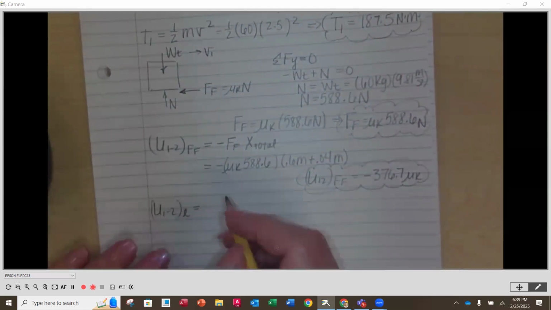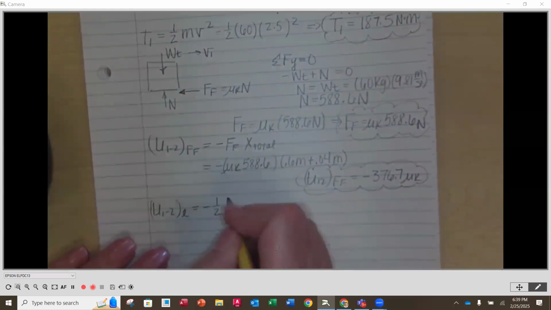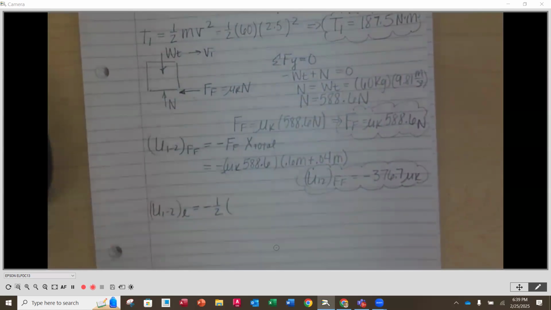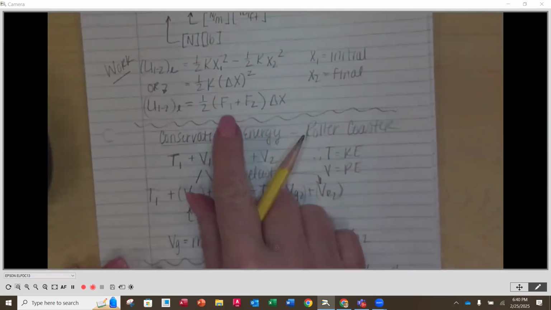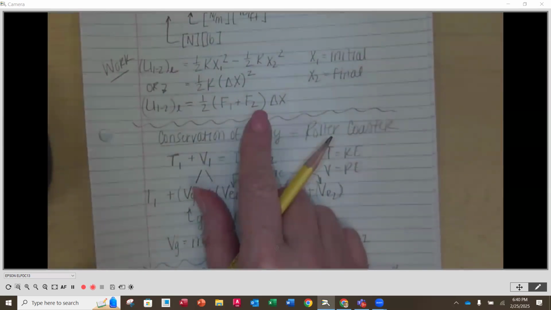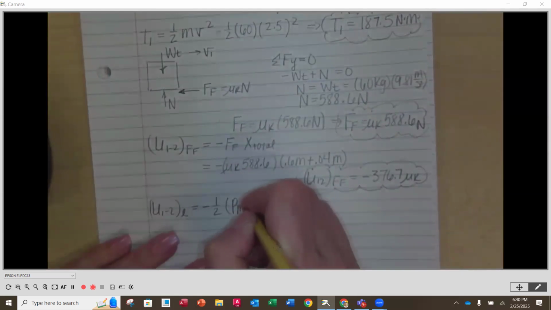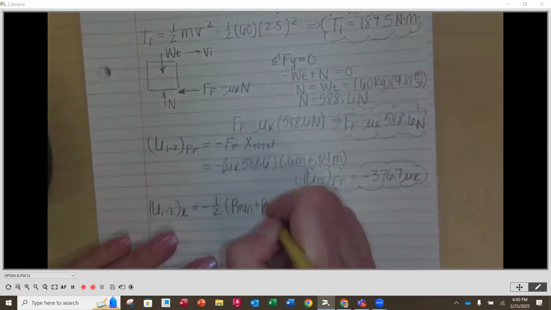And this is going to be equal to a negative 1/2 times, in our equation, where was it? It was up here. This was F1 plus F2, okay? We are going to call this P min plus P max.